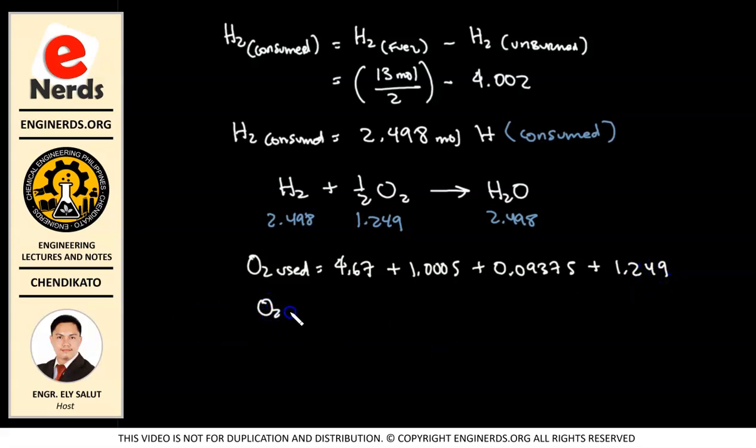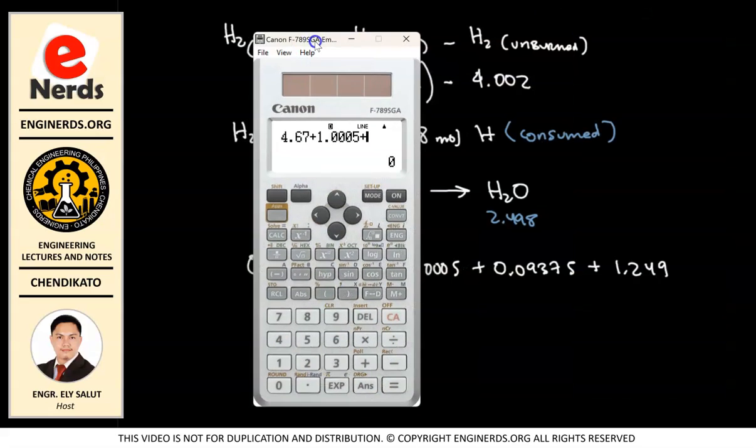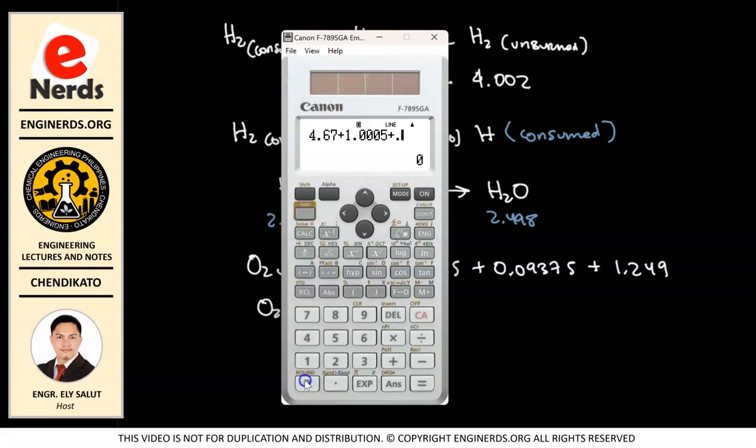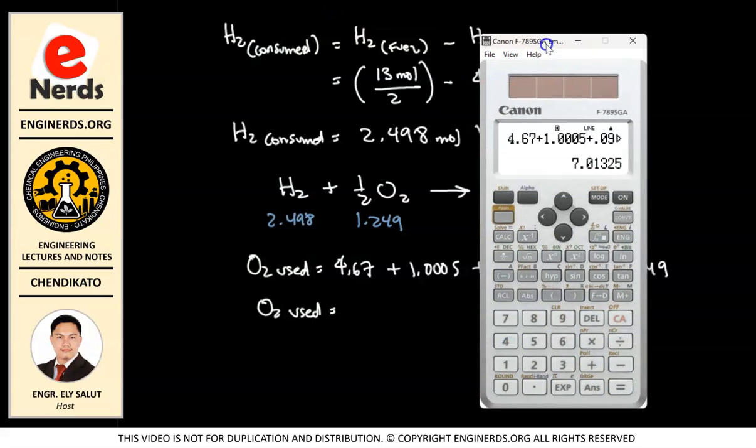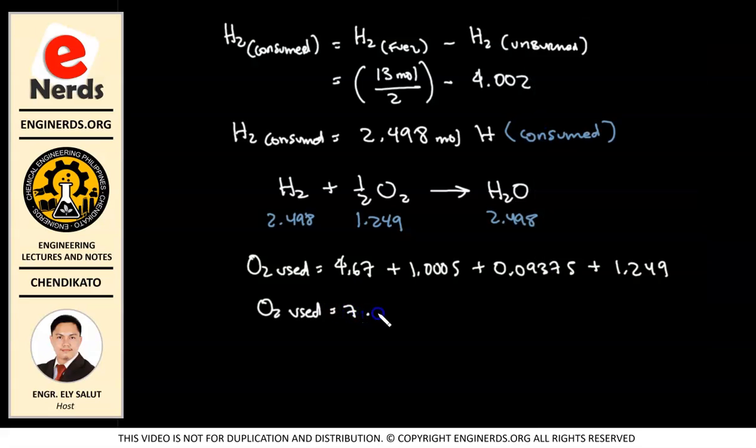So O2 used is equal to, let's use our calculator, 4.67 plus 1.0005 plus 0.09375 plus 1.249. So we have 7.01325.